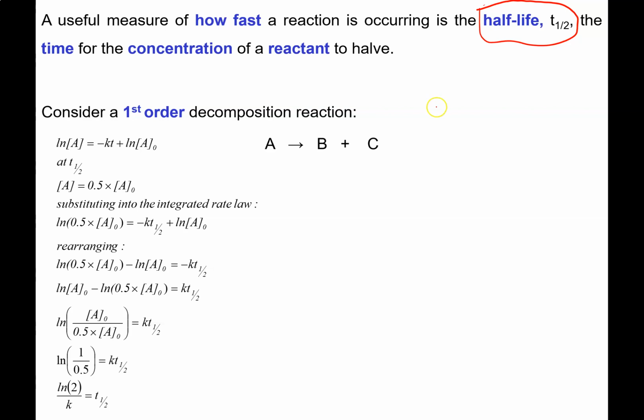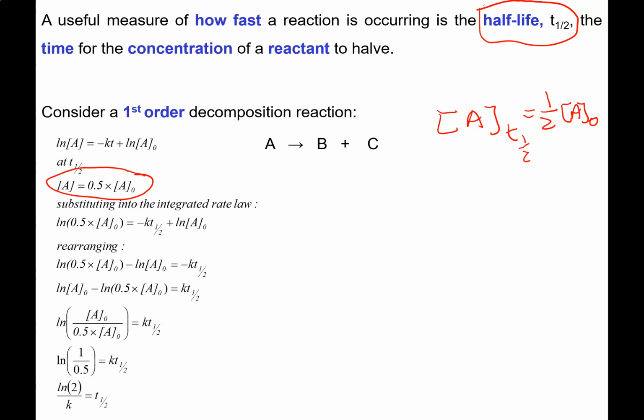So what we're really saying is that the concentration of our reactant at time t will be 1/2 of what it was at the beginning of the reaction, and that time t there is referred to as the half-life. So the concentration of A after a half-life will be 1/2 of the original concentration, and that's what I've written out over here.